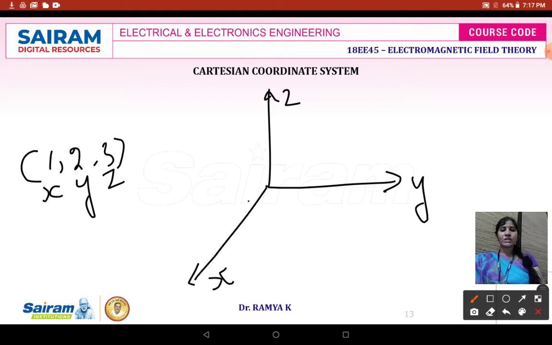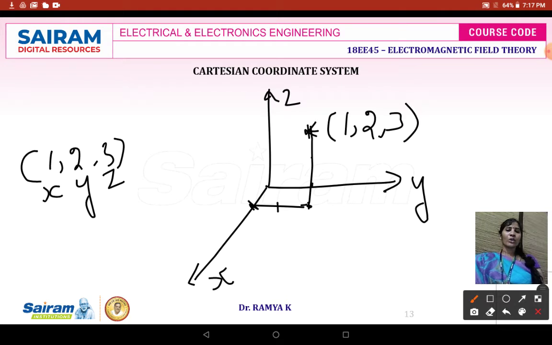So x-axis 1, y-axis 2, that is it falls in the positive y-axis direction. Then from here 3 on the z-axis. So 1, 2, 3 is your coordinate. This is how you have to plot the ordinates in a 3-axis system.